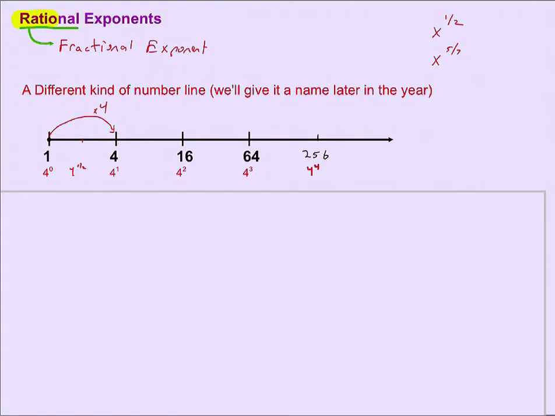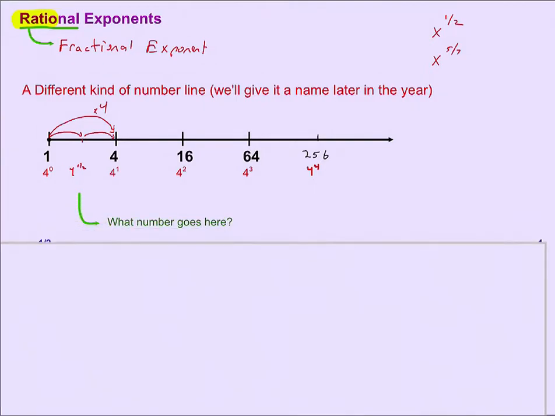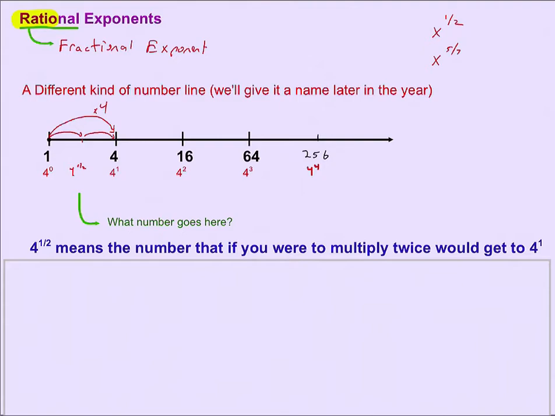Not the average of 1 and 4, but halfway when you're multiplying. In other words, what would you have to multiply by that if you were to multiply it by again, you would get to 4? That's what 4 to the 1/2 really means. The number that if you were to multiply it by twice, you would get to 4 to the first. Or the number that is halfway to 4 by multiplication.